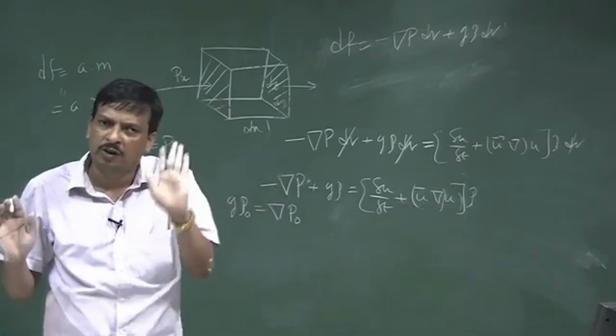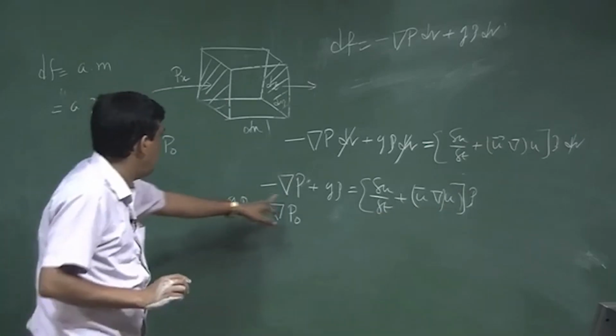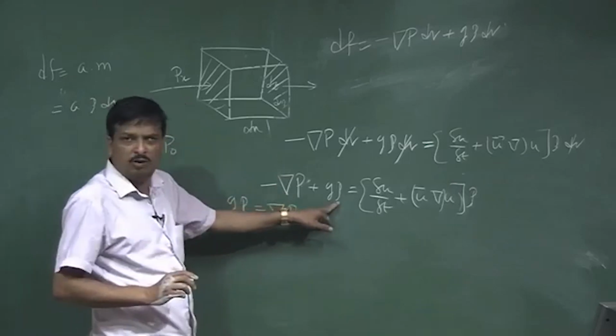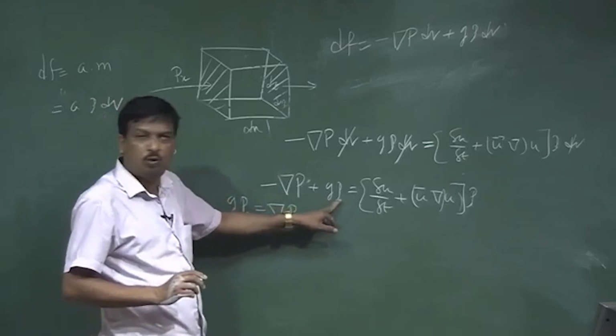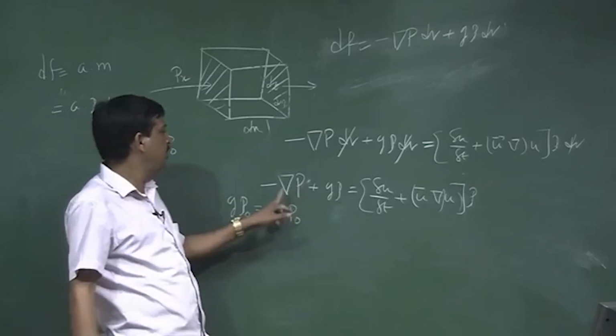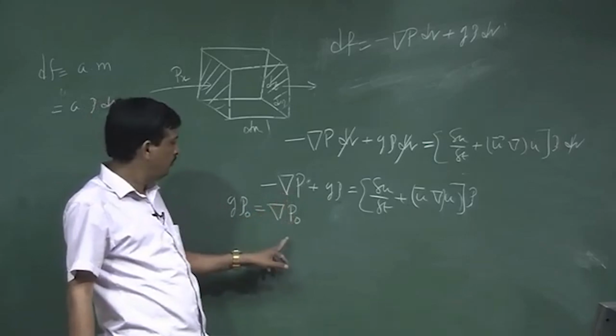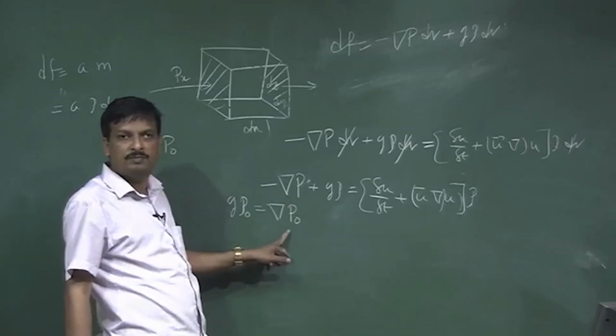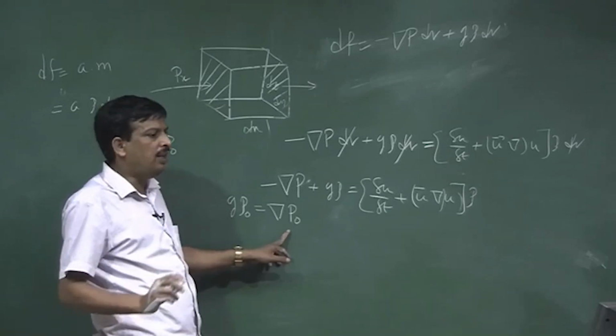I have said that no acoustic force is applied, so only the gravitational force will be there. So G into rho 0, because at no excitation, is equal to the divergence of the equilibrium pressure. Okay or not?